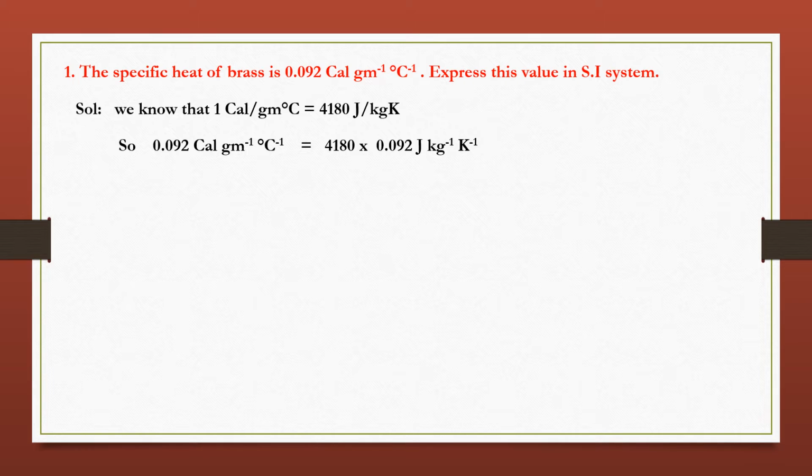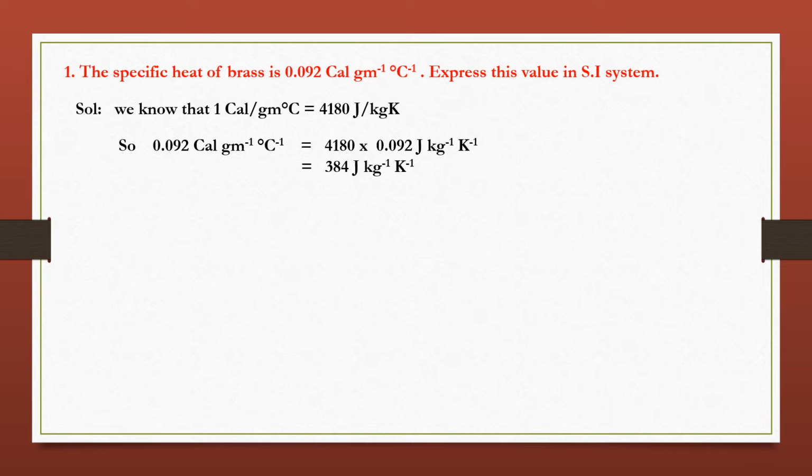That is, if we want to convert from CGS system to SI system, we have to multiply the given value with 4180. So finally, we get the answer as 384 joule per kg per Kelvin. So this is the specific heat of brass in SI system.